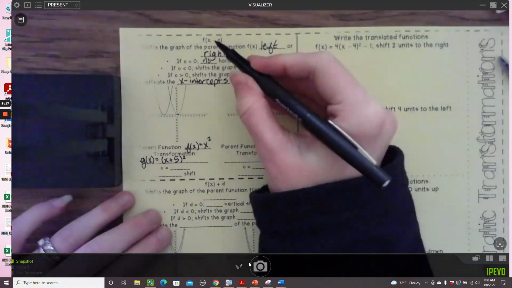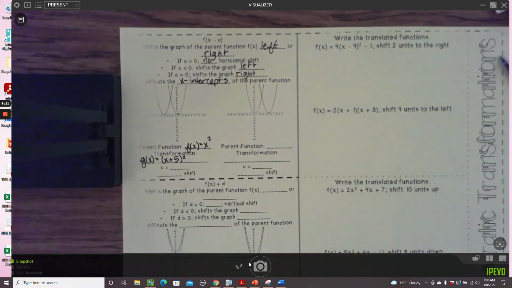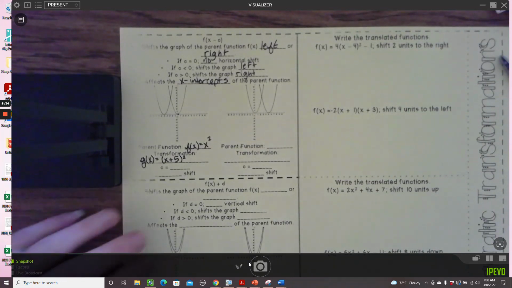So remember, when we're writing things in vertex form, if it says minus c, that's a positive number, okay? Or the x value of the vertex is a positive number.